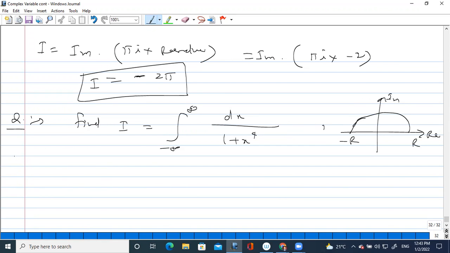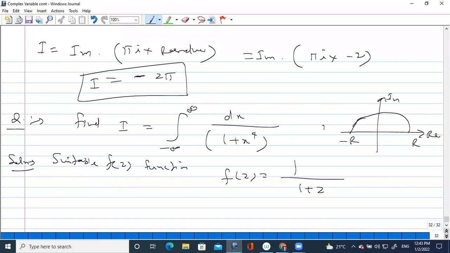Okay. So to get the poles, I already discussed this thing. So first of all, we have to find what is the suitable function. f(z) will be 1 upon 1 plus z to the power 4. You have to get the poles.